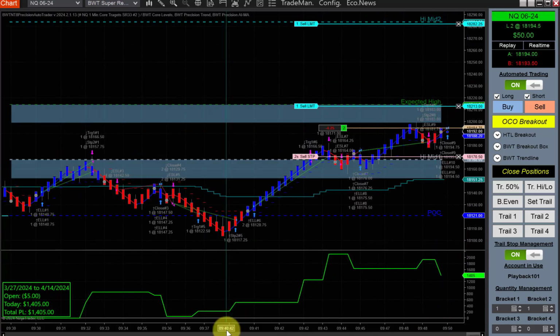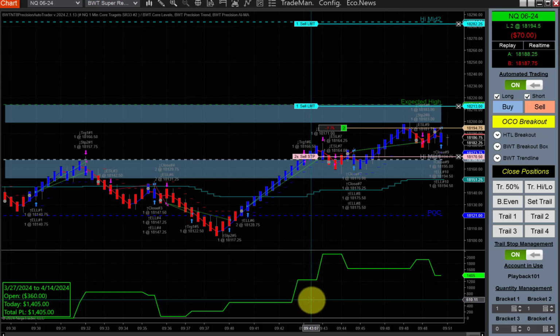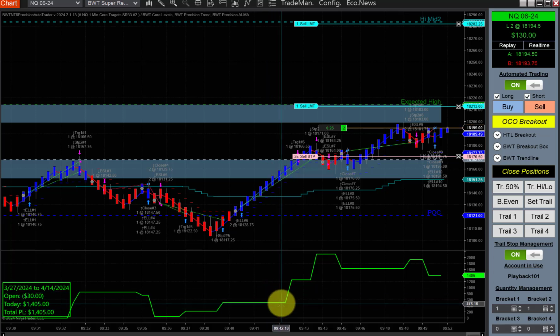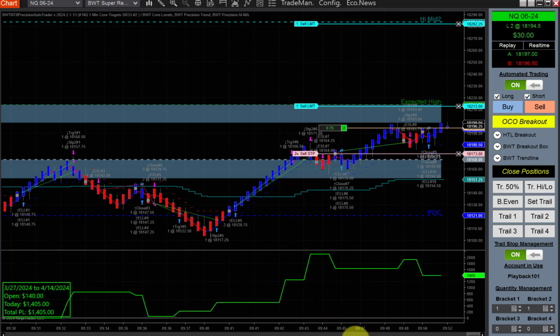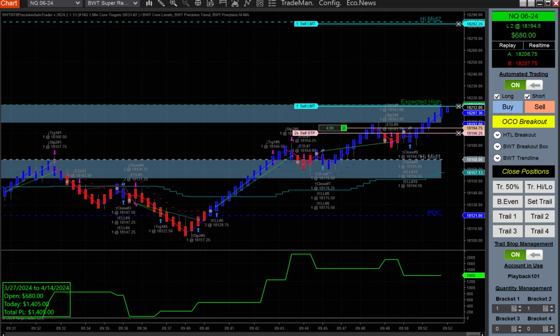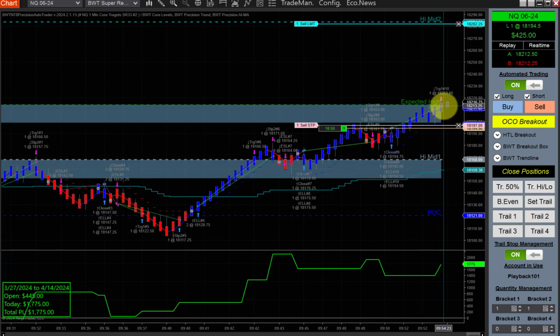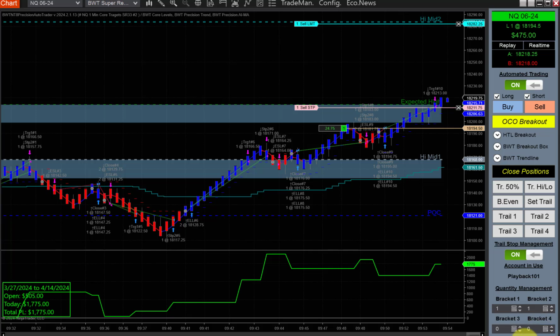Now keep in mind, this is only 20 minutes of trading. I highly recommend having a goal for the day and stopping trading, depending on the size of your account. Again, the profit target right here, and it looks like it was missed by a tick or so, but not that time.